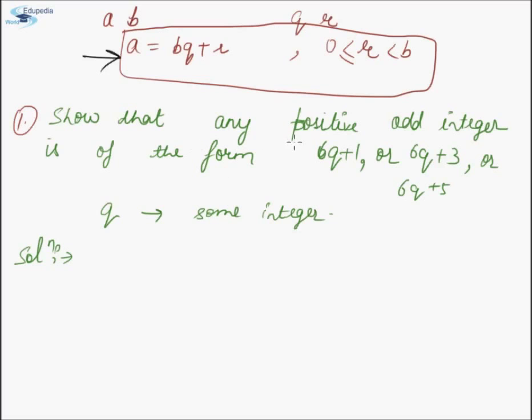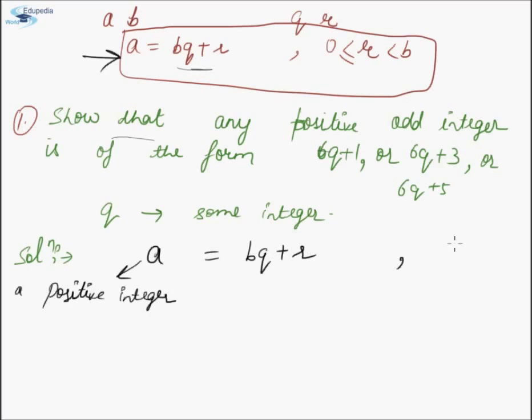To show this statement, let a be any positive integer, thus it can be expressed in this form, where r will be having these limitations. Now let the value of b be 6.